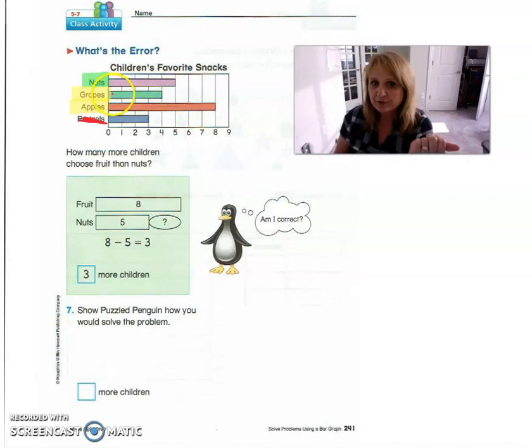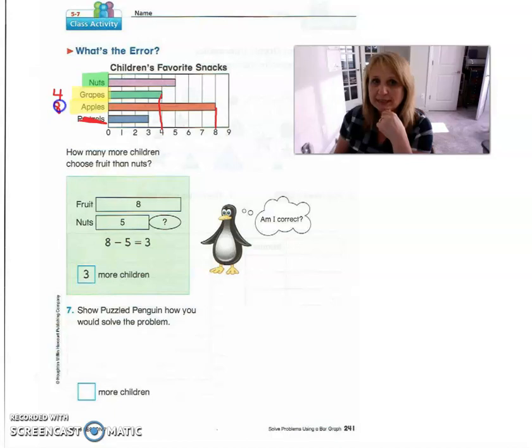We know that grapes are a fruit. Let's go across and down. How many children chose grapes? 4. And we know that apples are a fruit. And down. 8 children chose apples.